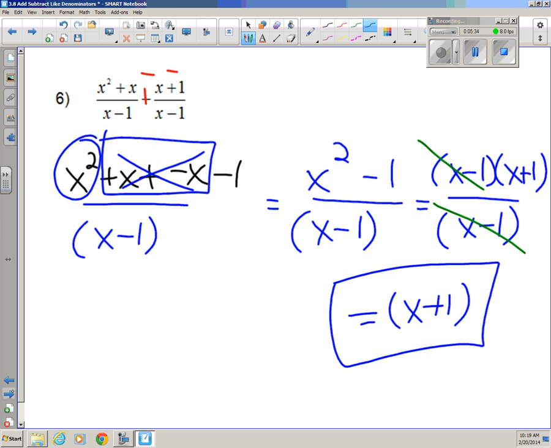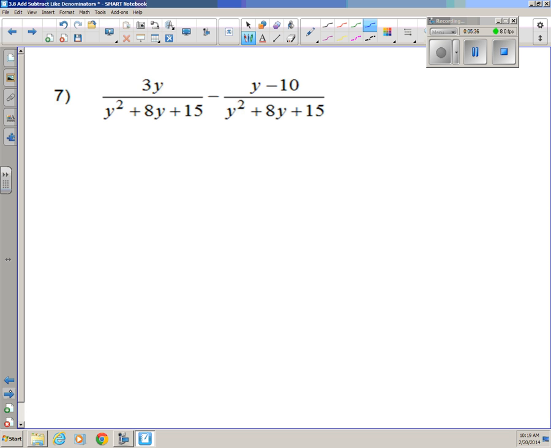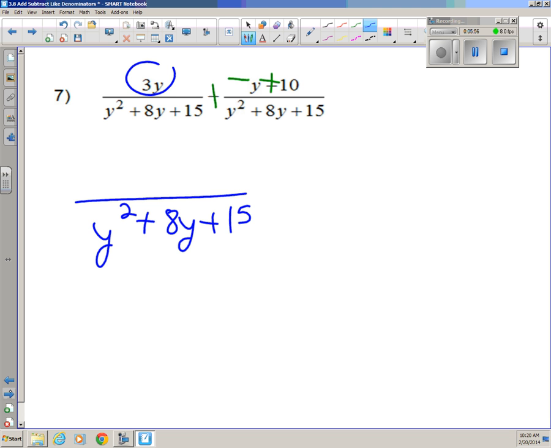Let's take a look at one more. This is subtraction again, and I'm going to keep, change, change. So I'm going to add, make that a negative, make that a positive. My denominator is a trinomial. Looks like I'm going to be able to factor it, but I'm going to keep it like this at first. My numerator, if I combine like terms, 3y, negative y, 2y, and don't forget that turned into a plus, so plus 10.